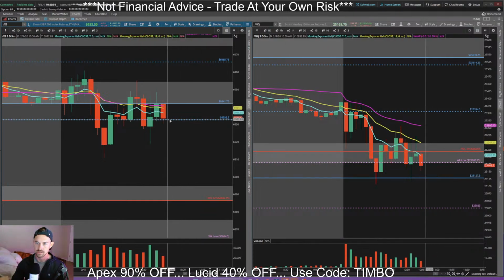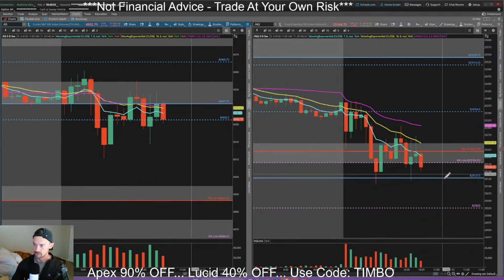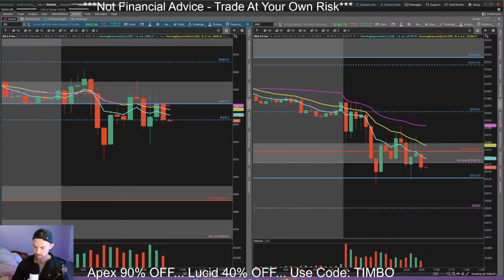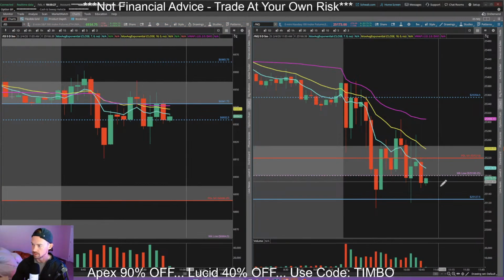Let's see, if ES can lose this 32 level, could see a decent drop. NQ is kind of holding under that 180, so that's a good sign. See if we can hold underneath this 180.